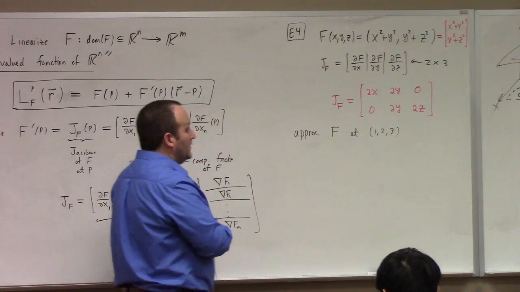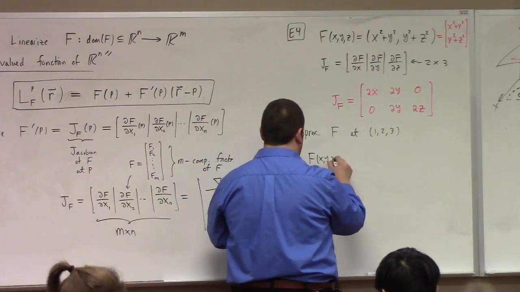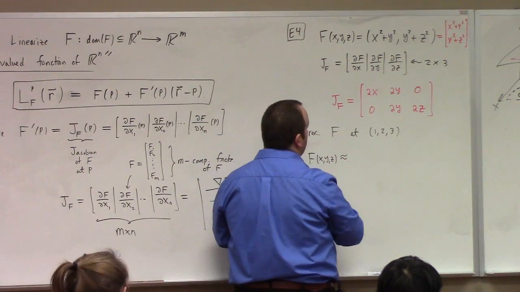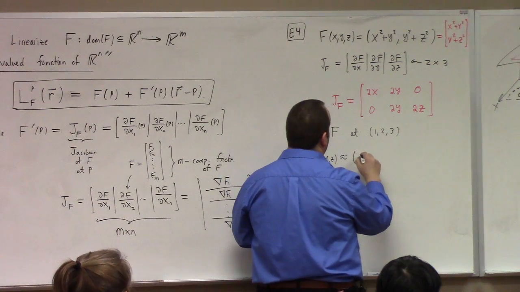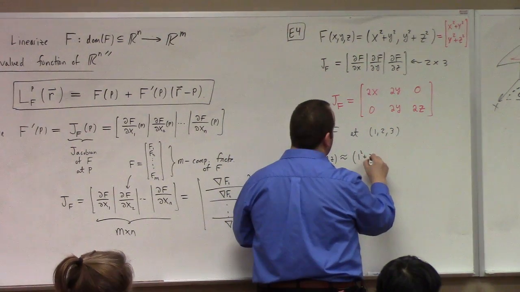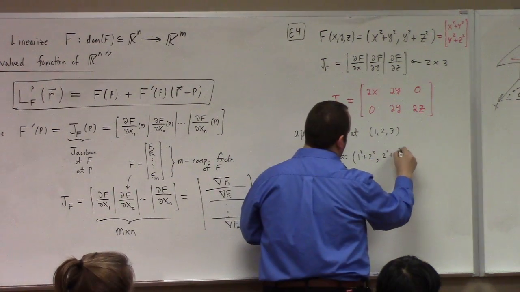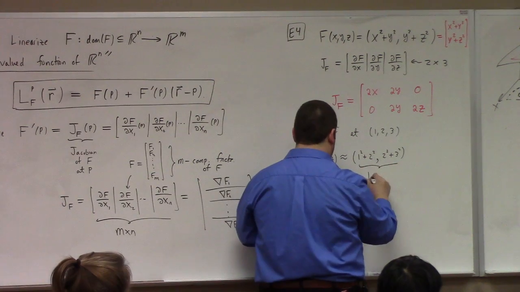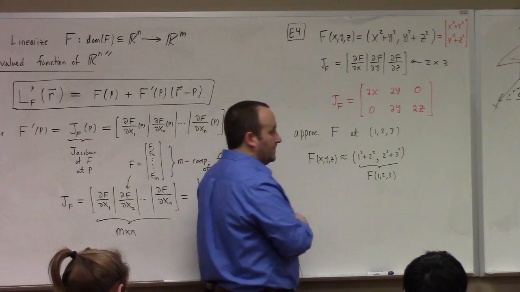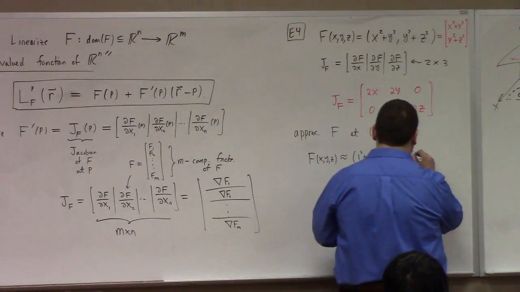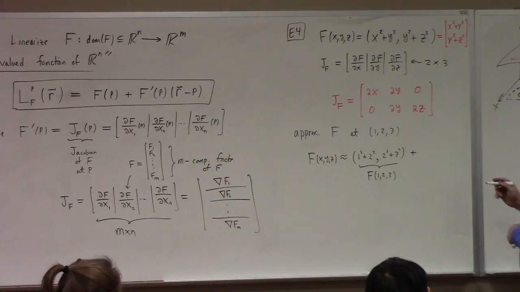Then I could say that f of x, y, z is approximately 1 squared plus 2 squared, comma, 2 squared plus 3 squared. This is my f of 1, 2, 3. And then plus, I'm supposed to do, what's the Jacobian of f at 1, 2, 3?